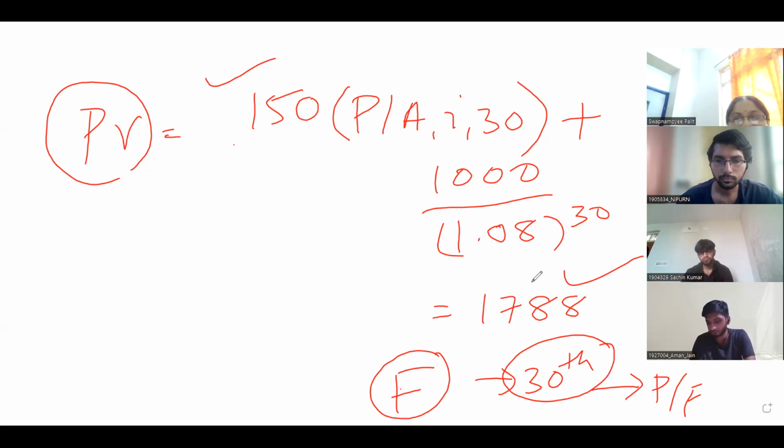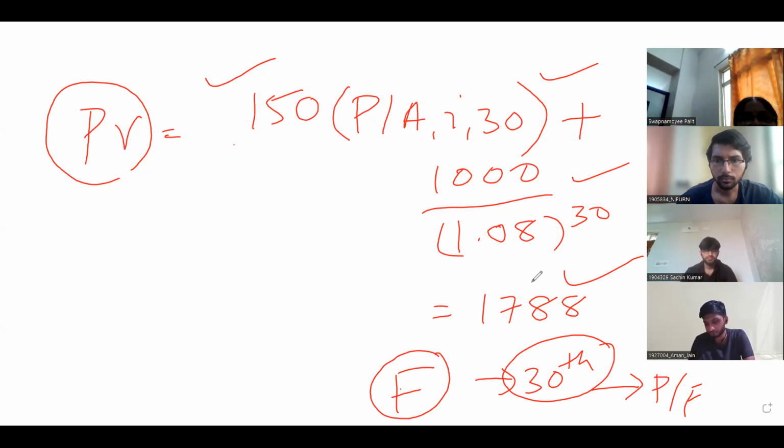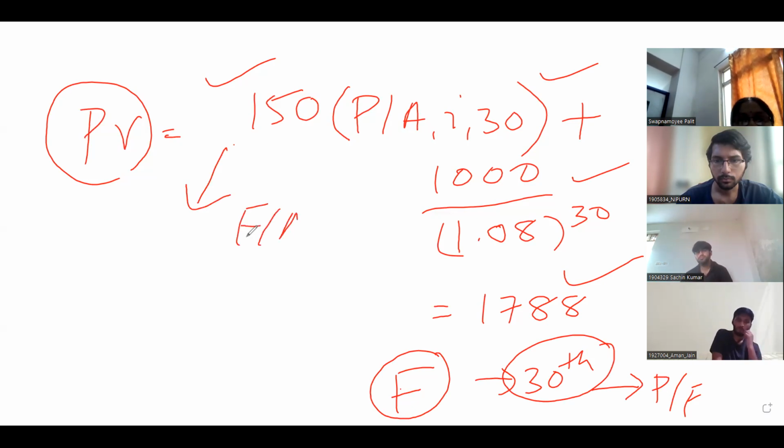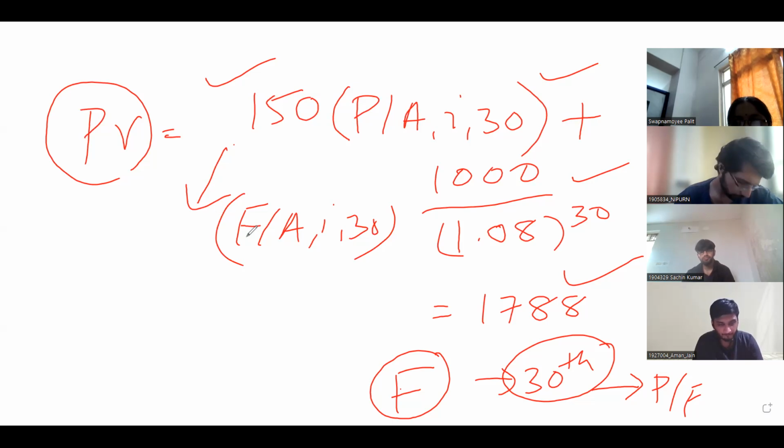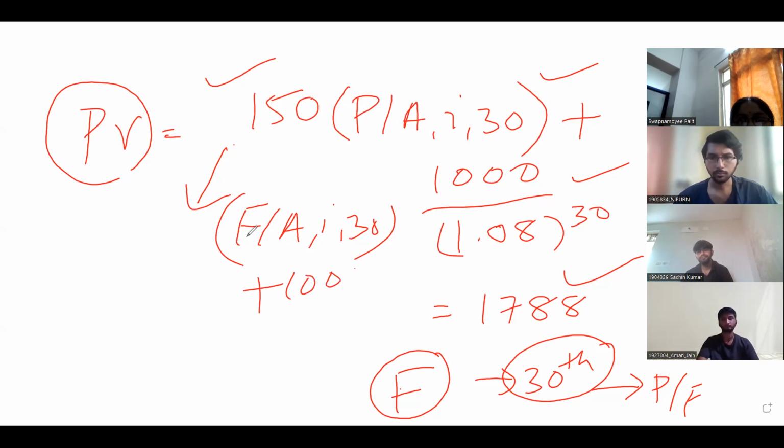Your direct procedure is this. You calculate the P of this, P of this. You say that I have calculated the F. Now, if you have calculated the F, how would you have done it? For this, you must have used F given A, i, for 30 years. If you have calculated F plus for 1000, you will not do anything.